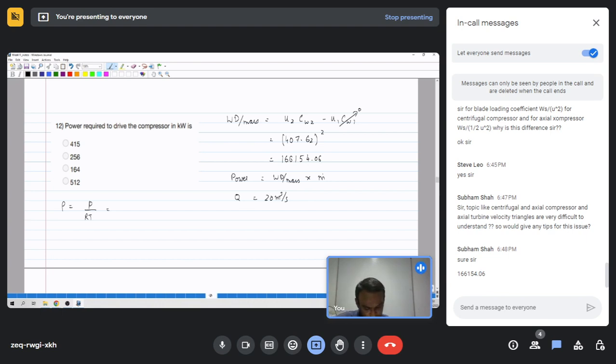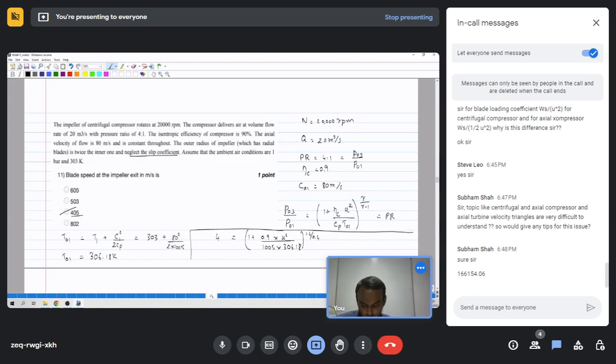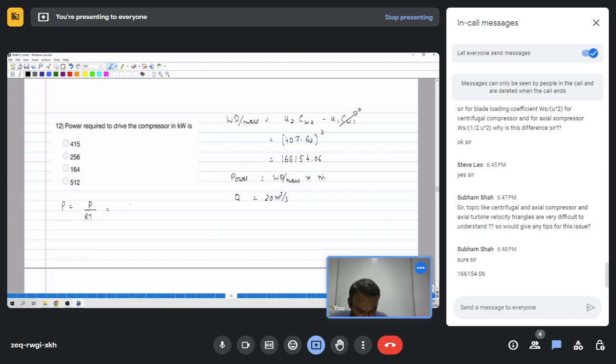The value of P is 1 bar, and 1 bar is 1 into 10 power 5 pascals, and R is 287 into temperature is 303.